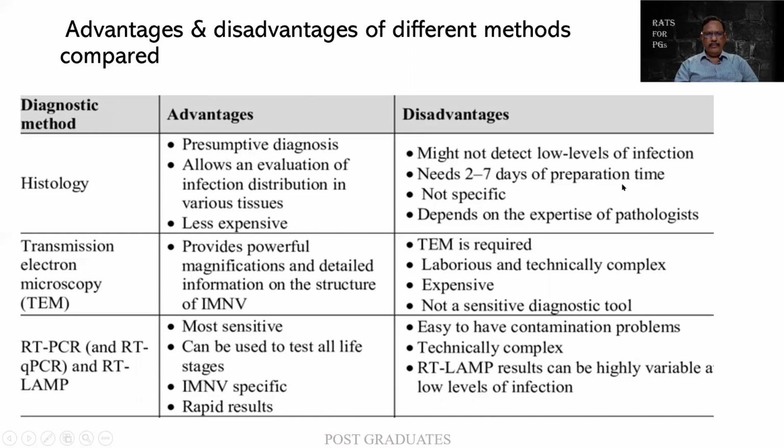Organisms cannot be seen. It is less expensive. Obviously, it is more expensive, and then there has to be trained pathologists. In transmission microscopy, you find that there are again advantages and disadvantages. RT-PCR, there can be contamination problems, but it is most sensitive.